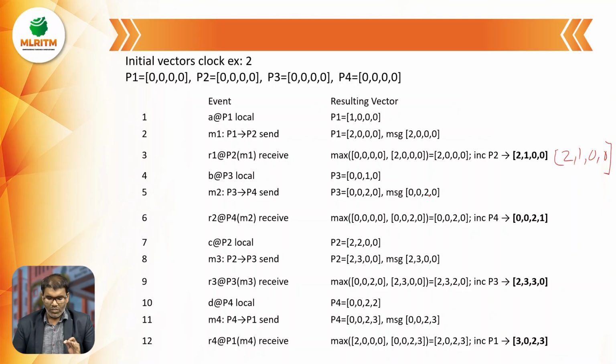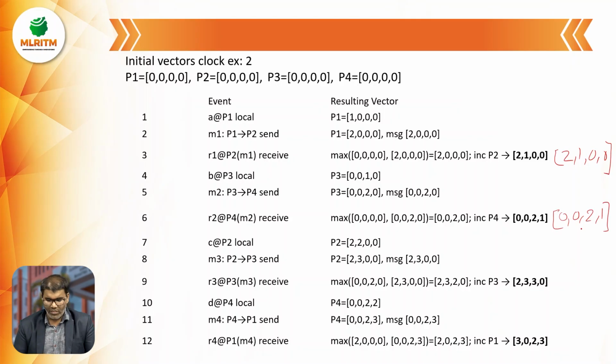Sixth one, R2 at the rate P4 of M2 receiving, here maximum of 4 zeros and 0 comma 0 comma 2 comma 0, for this incrementing with the 1. So after incrementing 1 we are getting process P4 with 0 comma 0 comma 2 comma 1.